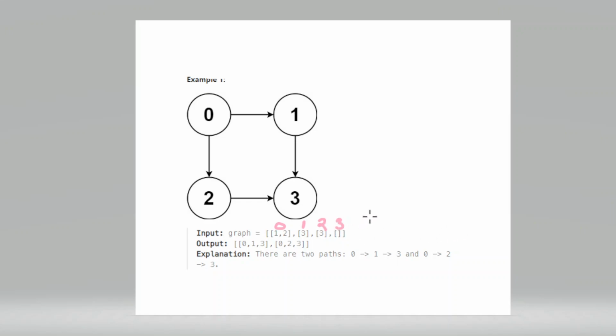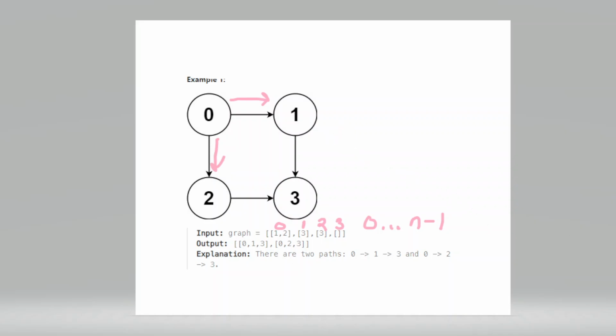So again, they said from 0 to n-1 is our graph, and they weren't kidding. And so with this data structure input here says, for node 0, we're connected to 1 and 2. So in our image, node 0 goes to 1, node 0 goes to 2.